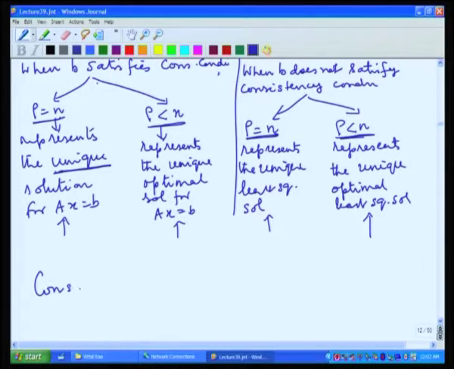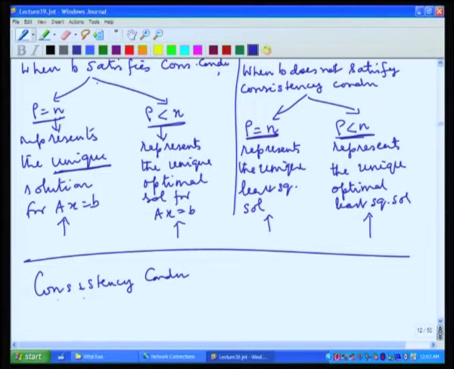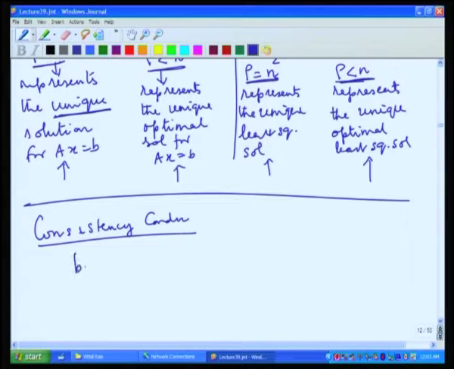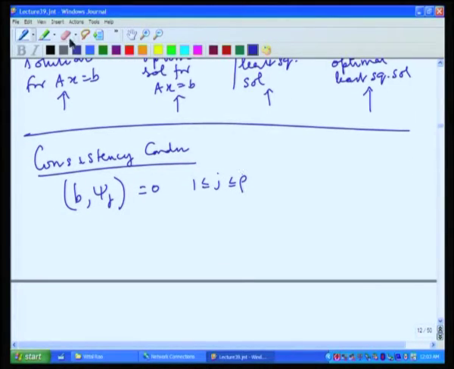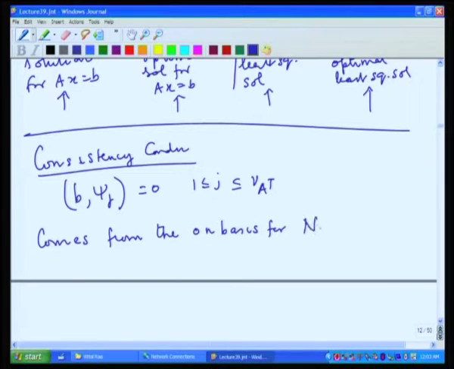The consistency condition comes from the basis for the null space of A transpose. Remember, the consistency condition is B psi j equal to 0 for 1 less than or equal to j less than or equal to nu A transpose, and it comes from the psi j's, which are the orthonormal basis for the null space of A transpose.